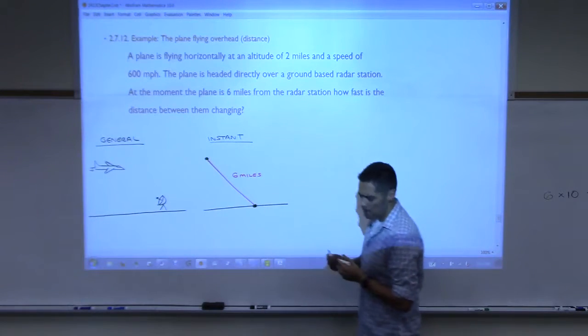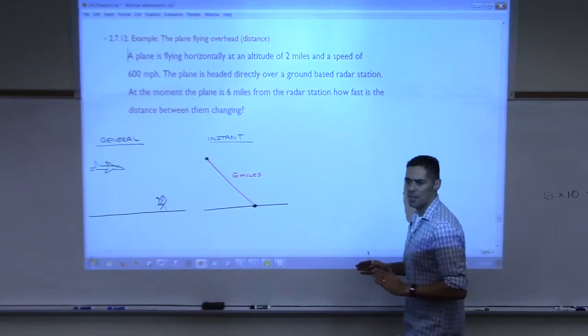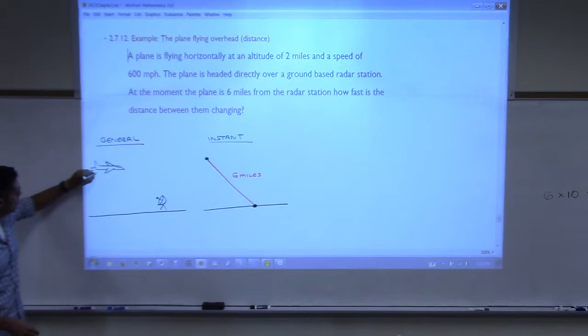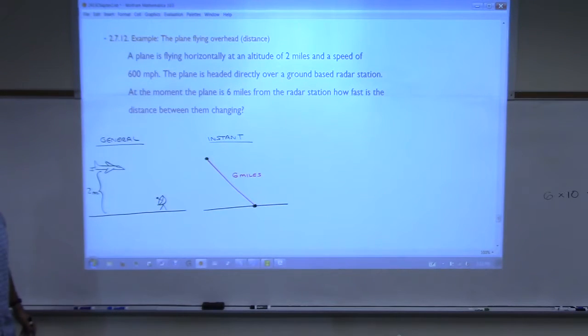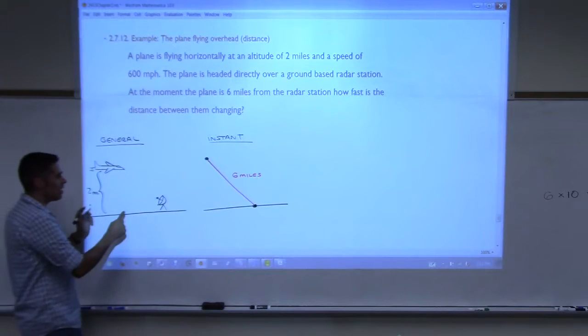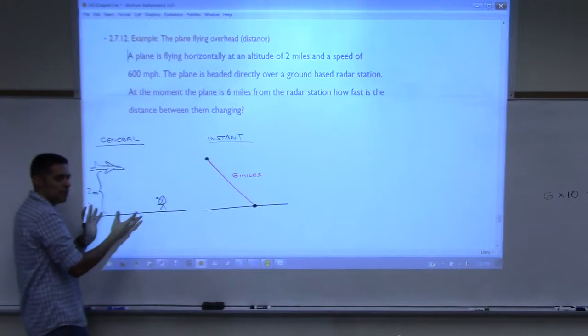There was something else in my general picture that I forgot to put in here that stays the same the whole time: the altitude of the plane. The altitude of the plane was 2 miles, and that is not going to change. The speed is also given, but I have to be careful. I can't label the speed on a side because it's always changing.